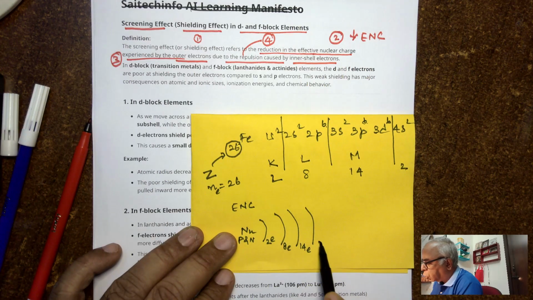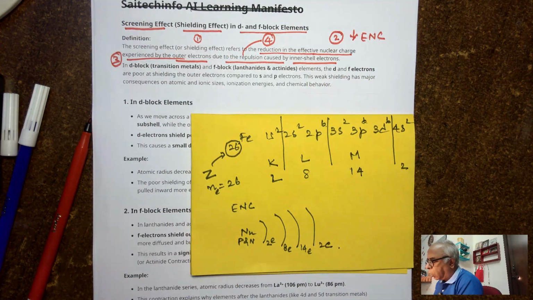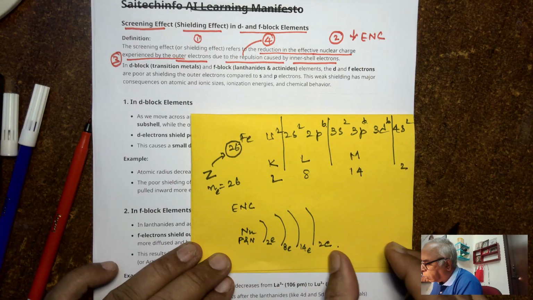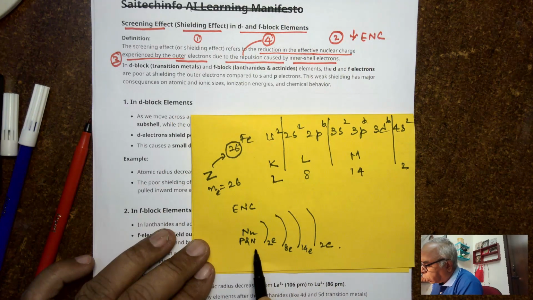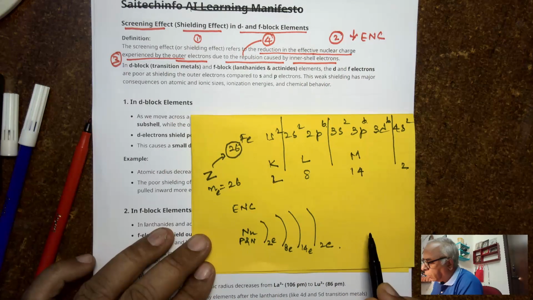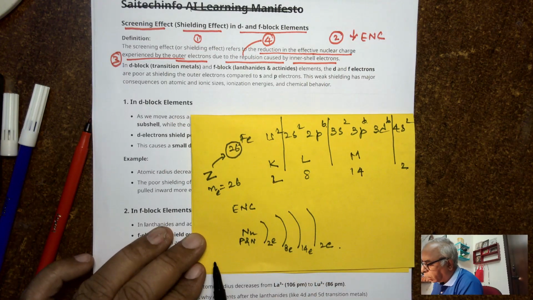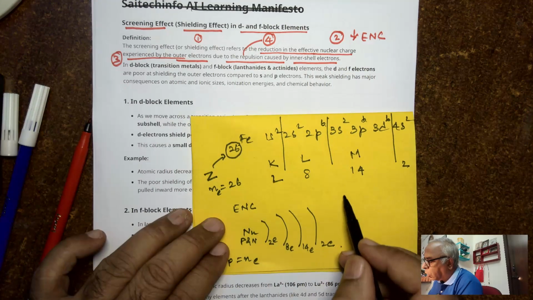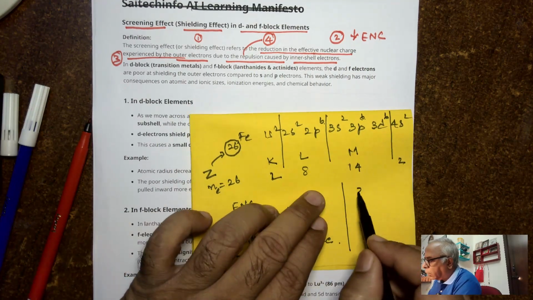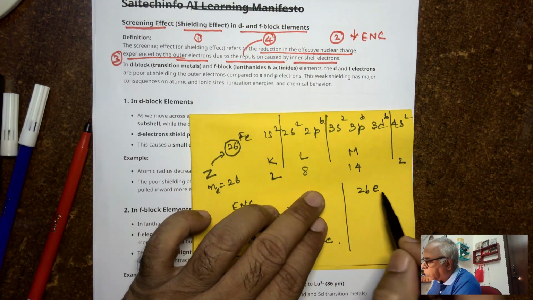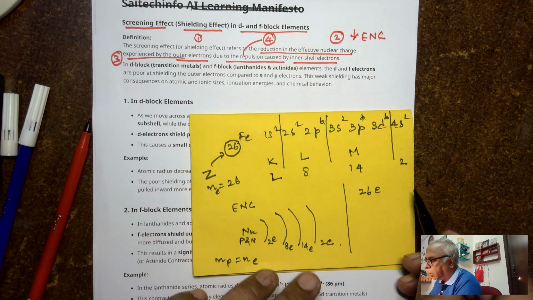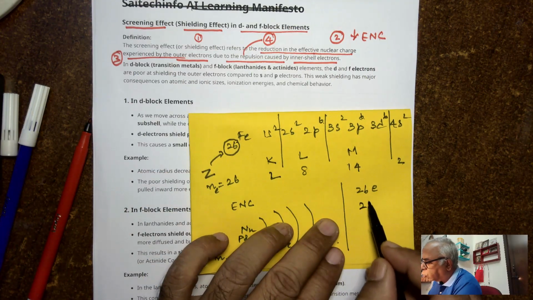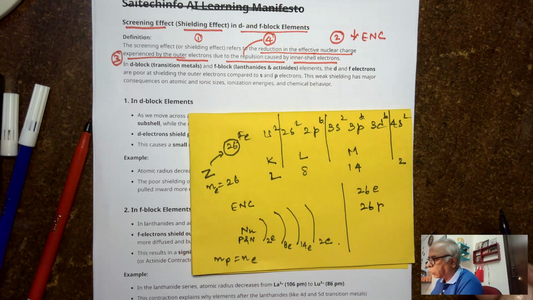And here, 2 electrons. Now, with the increase of the number of electrons, the protons are also increasing, because for any neutral atom the number of protons is equal to the number of electrons. So if there are 26 electrons in iron, and that represents the atomic number, you have the same 26 protons also.